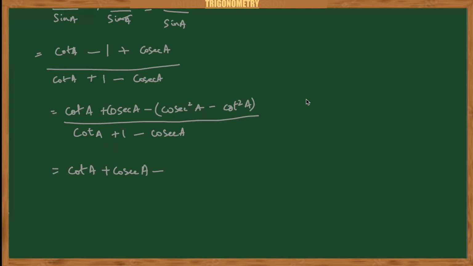This can be represented in the form of A square minus B square, so we can put it in the form A plus B into A minus B, so that we can divide with the denominator.